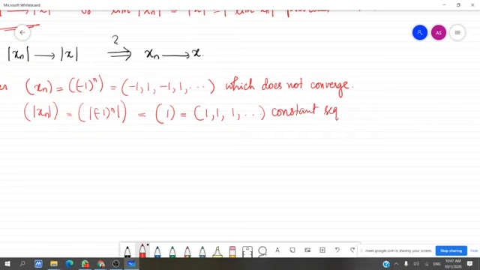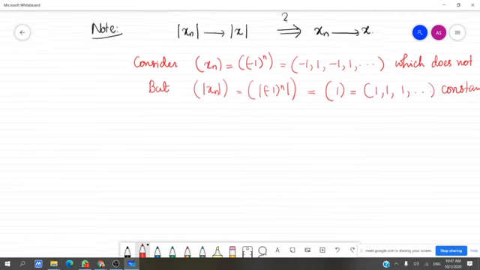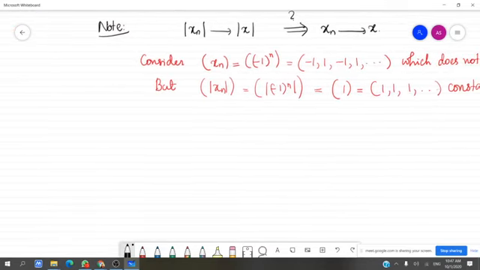A constant sequence converges to that constant, which is convergent. So here in this example, we can see that modulus of xn is convergent.